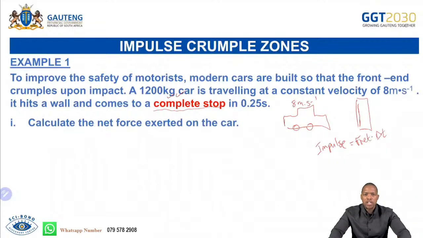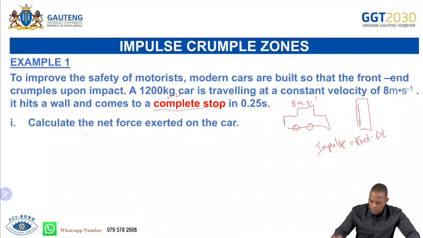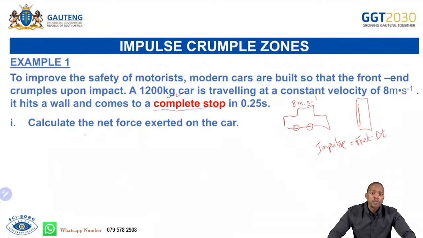What do I do with the change in momentum? I have to remember, very, very important for you to remember, grade 12 learner, that the change in momentum is equal to the impulse on an object. So once I have that, I can then simply write this formula. But before I write the formula, I must take direction, as we have spoken last week. Anything that has momentum in it, direction must be taken.